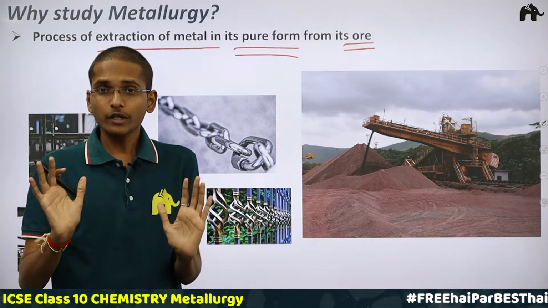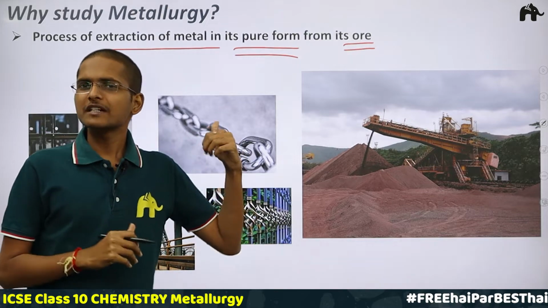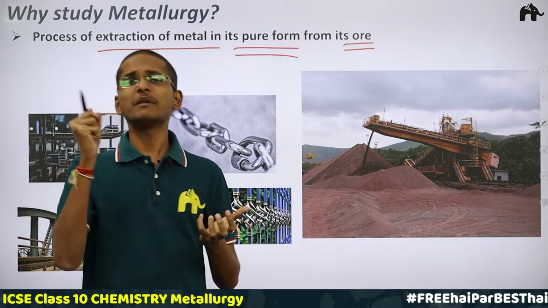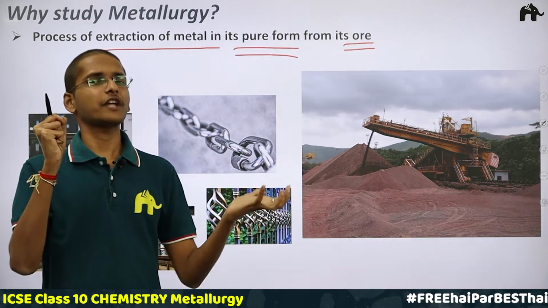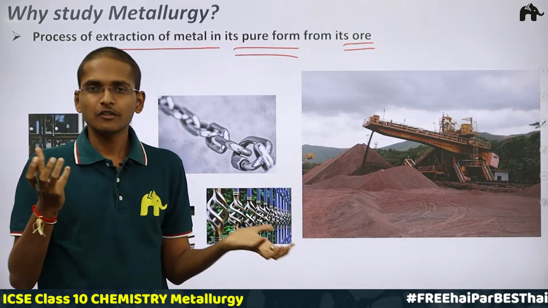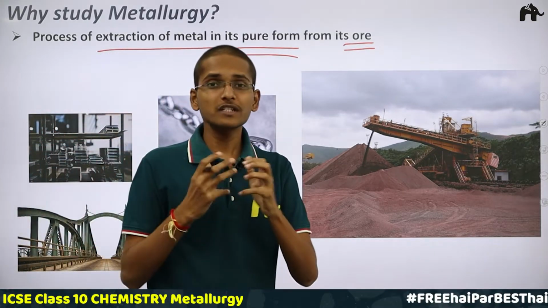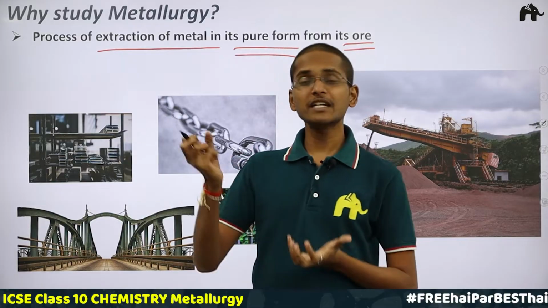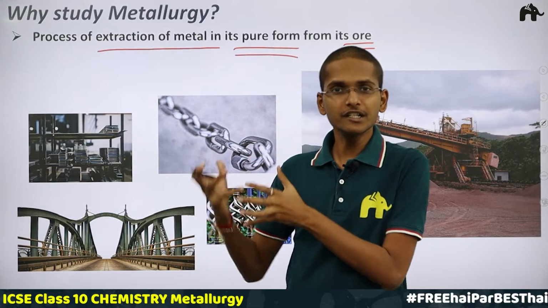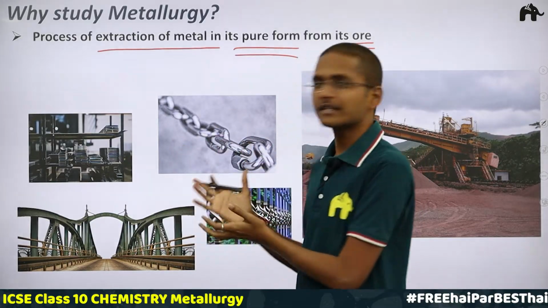Very simple. But now why should we study this process of extraction of metal in its pure form from its naturally occurring compound? Right? What is the need? Because if you don't study this process, how would you get the metal in its pure form? And if you don't get the metal in its pure form, how can you use the metals? You can see around you, there are thousands and thousands of applications of metals you use every day in your life.